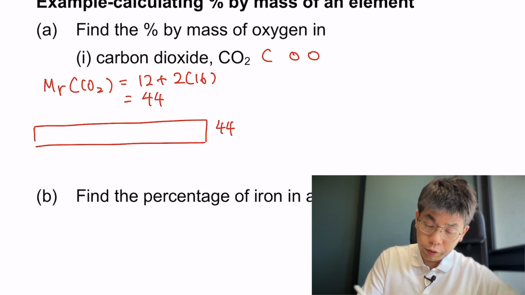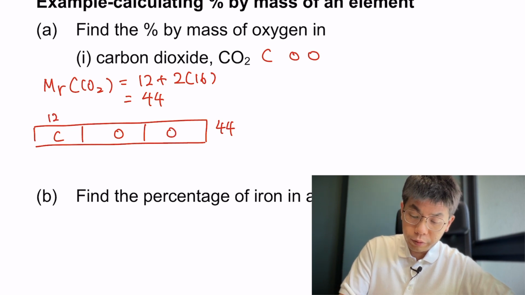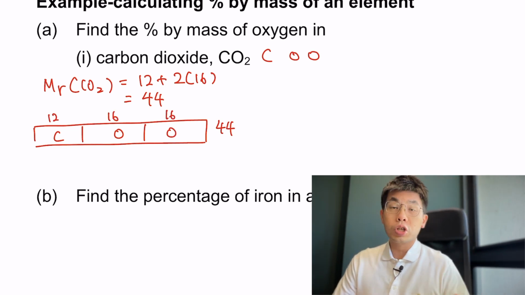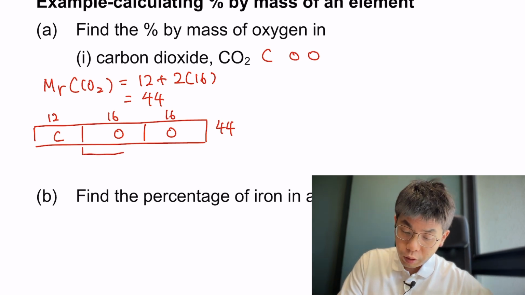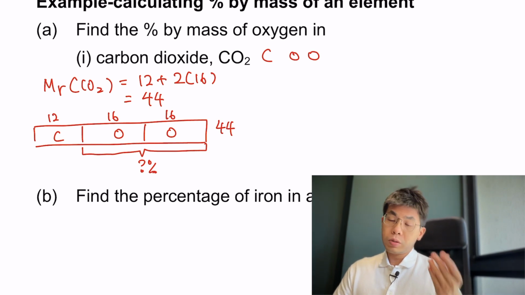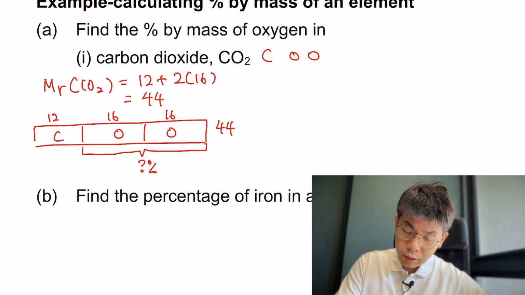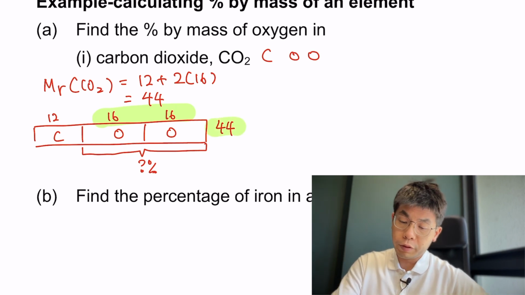So out of this 44, there is actually one carbon and two oxygen. The carbon is 12, the oxygen is 16 each. So what we are asking over here is what is the percentage mass of oxygen inside carbon dioxide? So what should we do? We should take the total mass of oxygen, 16 plus 16, and divide it by the total, 44, and we find the percentage.